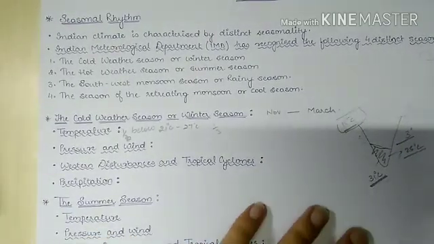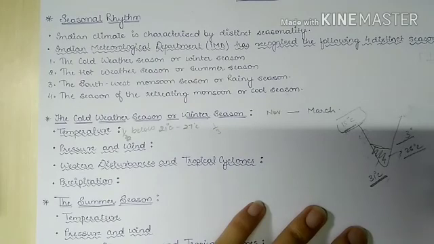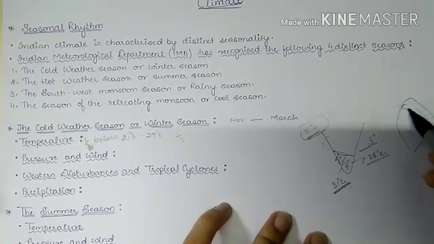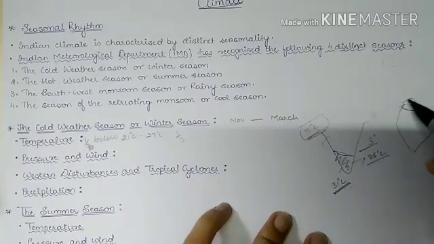So if we look at the distribution, consider this is India. This top part has a temperature below 10 degrees Celsius, so this is the 10 degree isotherm.